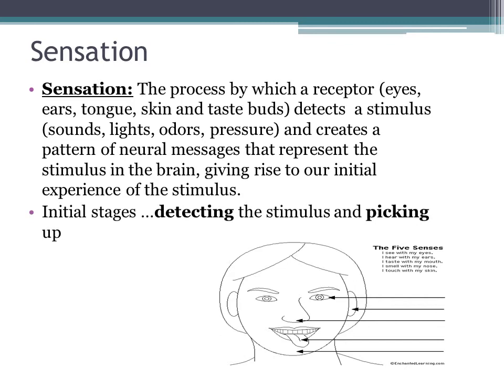So essentially, it's the initial stages of detecting the stimulus and picking it up. And then it's going to be taken to the brain. So sensation is detecting and picking up that stimulus.